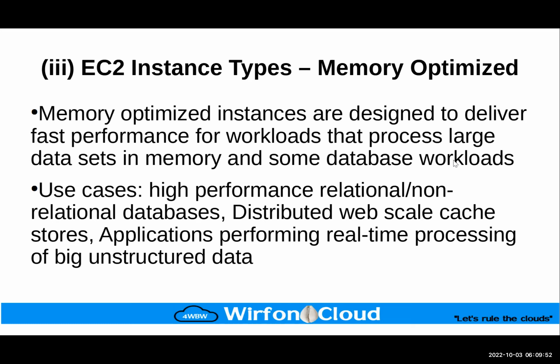And we will hear about databases in the course of this training. And then you have distributed web scale cache stores. You have applications performing real-time processing of big unstructured data. Again, you also hear about this when we talk about databases. So in these situations, you will need a memory optimized EC2 instance.